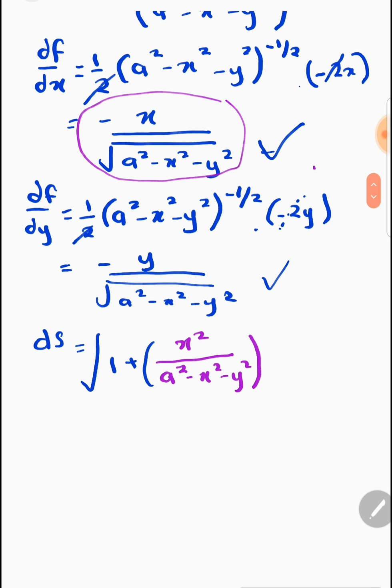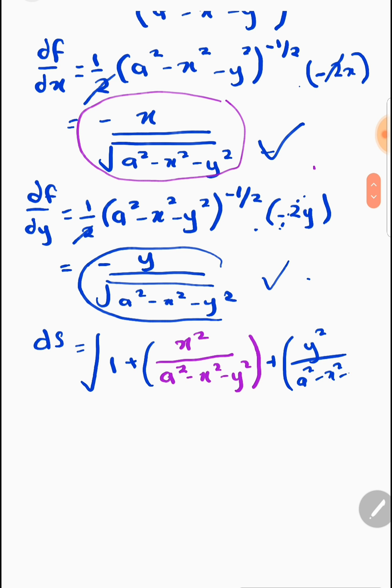And then of course, similarly, for the second term, I will get a plus of y square over a square minus x square minus y square.